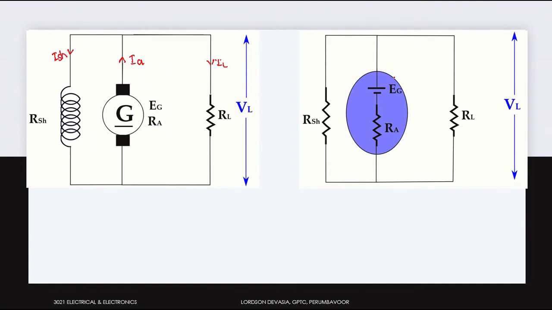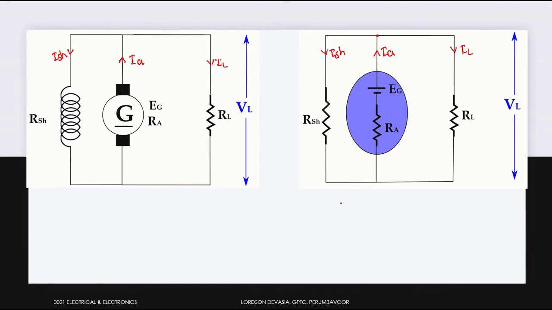Here it is IA, the armature current, this is ISH and this is IL. Then apply Kirchhoff's current law at this junction. The entering current is IA, and the leaving currents are ISH and IL.